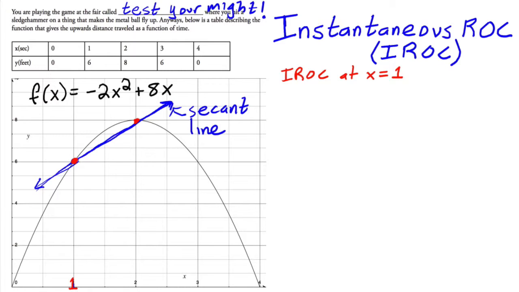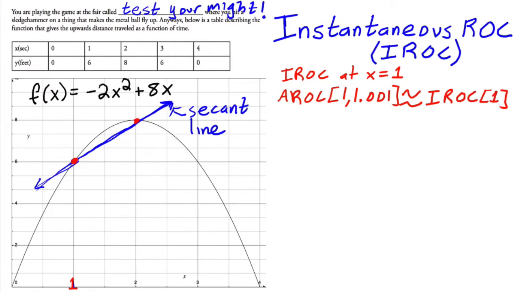So if we find, for example, the average rate of change between 1 and 1.001, this is approximately equal to the instantaneous rate of change at 1. But we don't want to approximate anymore. We want to find the exact value.